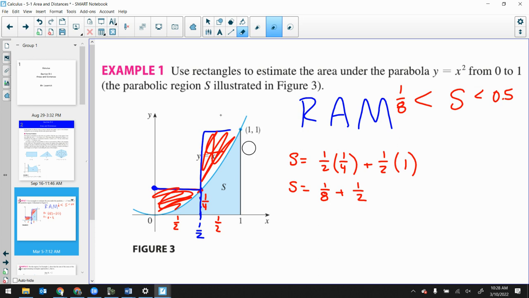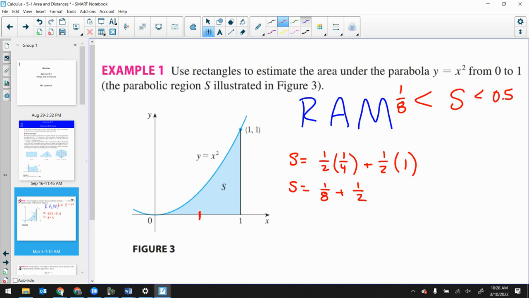What if, instead of making this cut at 1/2, we took a couple more rectangles? What if we said, instead of going every 1/2, what if we go 1/4?